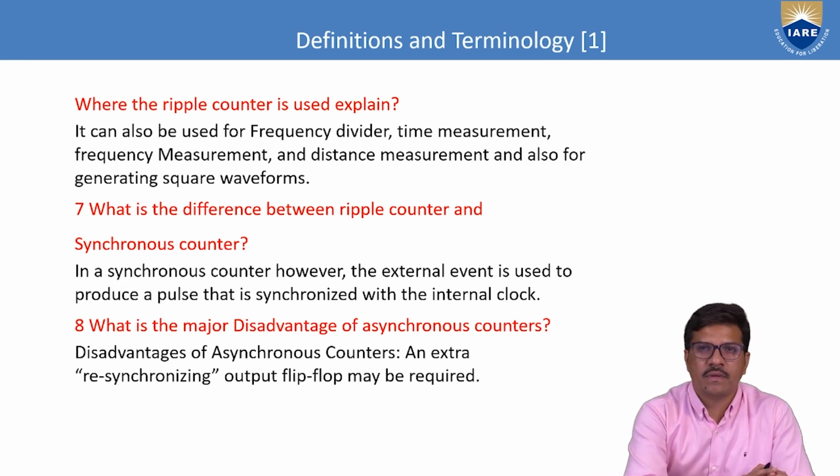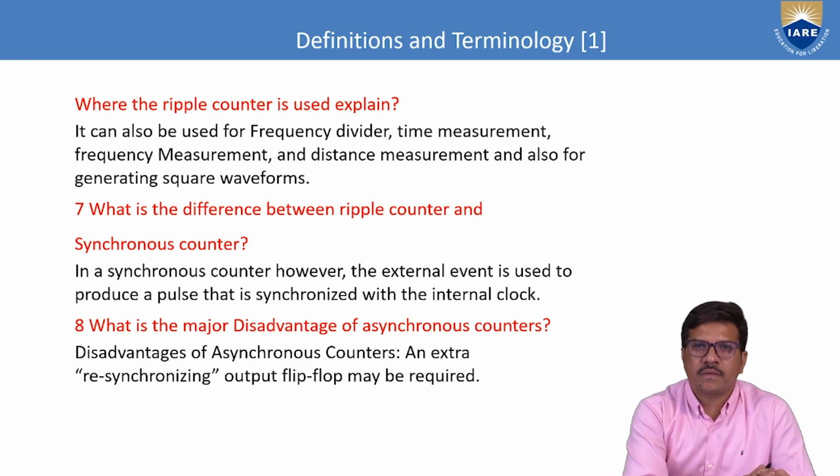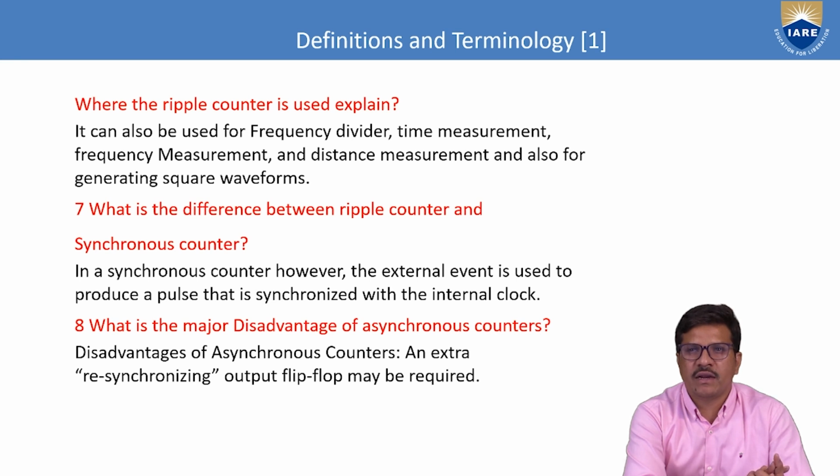Where the ripple counter is used, I'll explain. These counters are used for counting numbers or clock pulses. They can also be used for frequency division, time measurement, frequency measurement, distance measurement, and generating square waveforms.